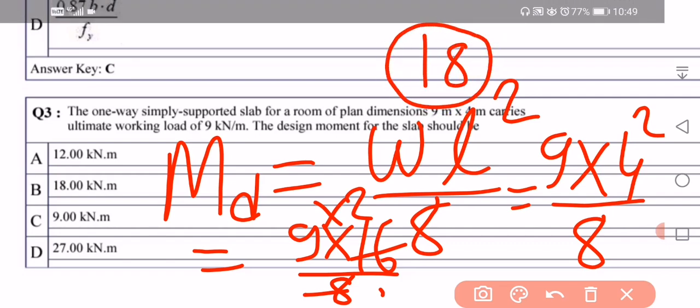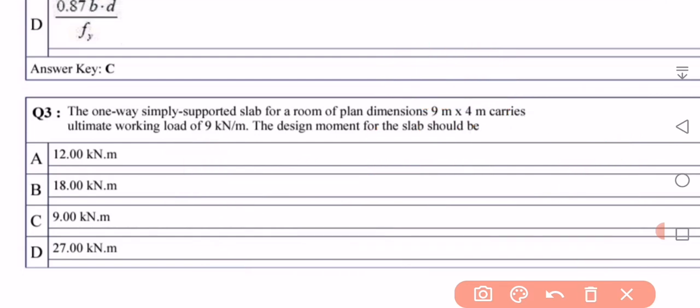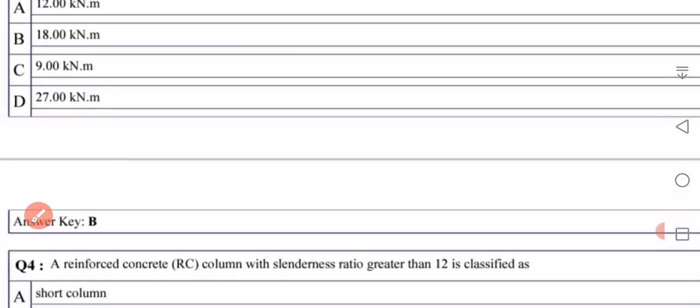Our answer is 18, option B is correct. 18 kilonewton meter design moment. Okay. Next question.